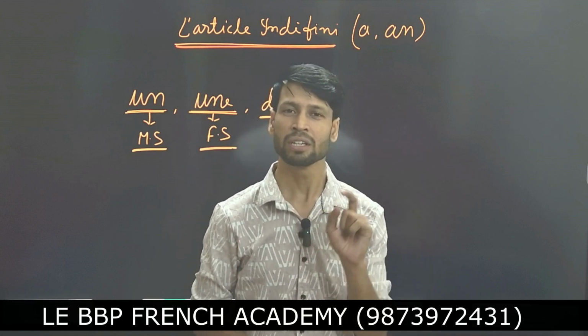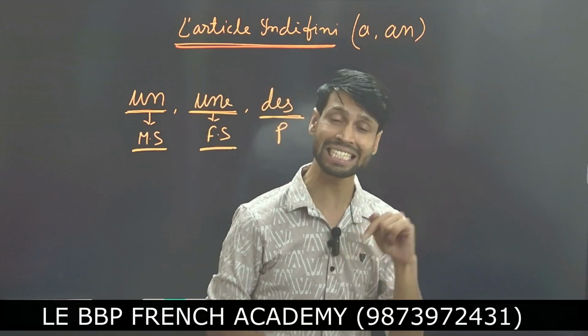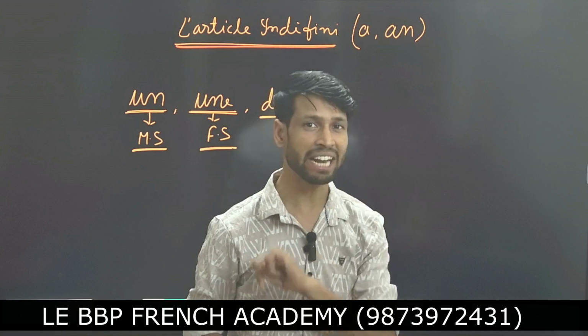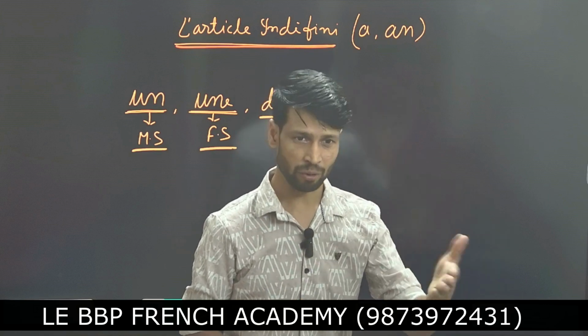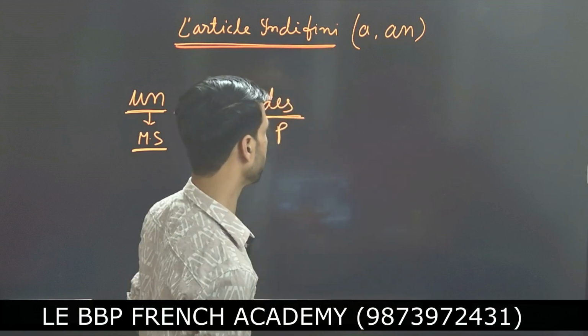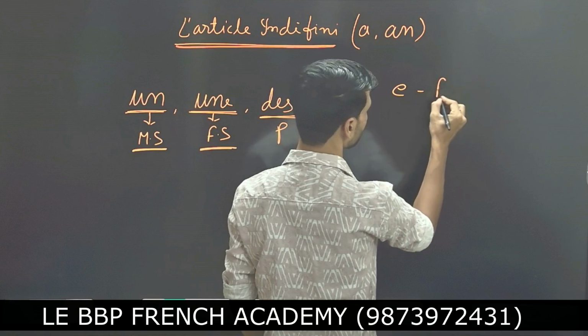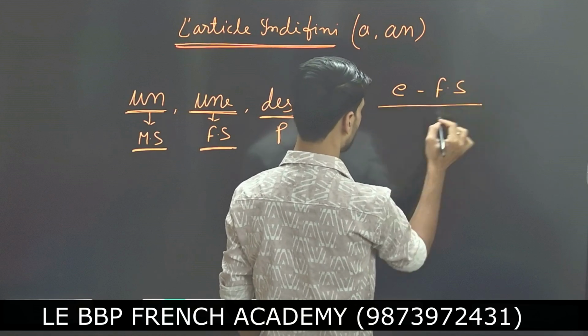Okay, now we have one option that makes it easy to find out whether this is masculine, feminine or plural. Look here. If any object ends with e, it means feminine singular.